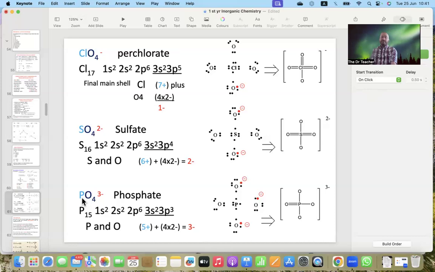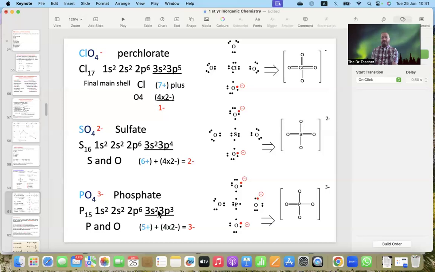Phosphate, we'll see that at the end. Phosphate has 5 electrons. It can give them all to 4 oxygens. The 4 oxygens say, how can we deal with your 5 electrons? 3 of us will take a single electron from the P, and 1 oxygen can get 2 electrons. So 2, 1, 1, 1, 5. 3 and 2, 5.